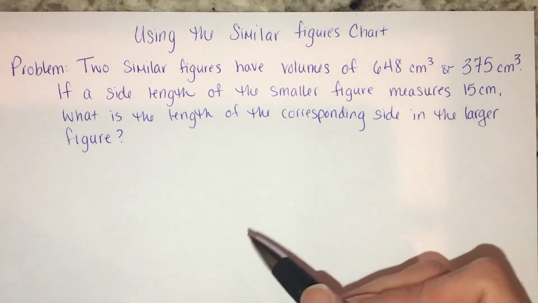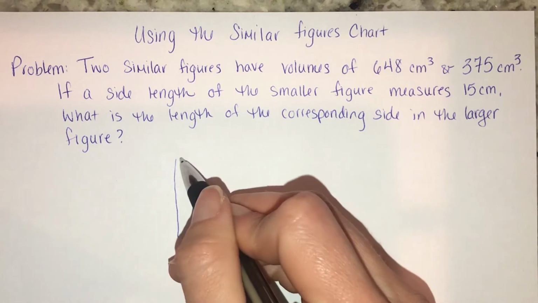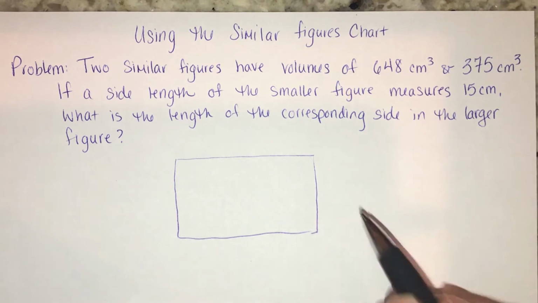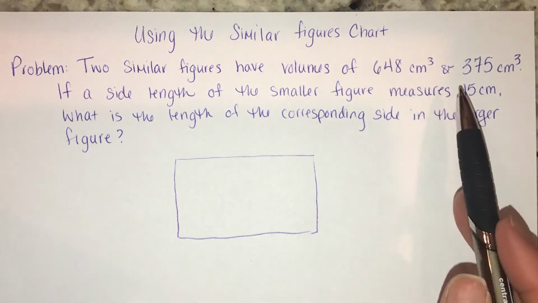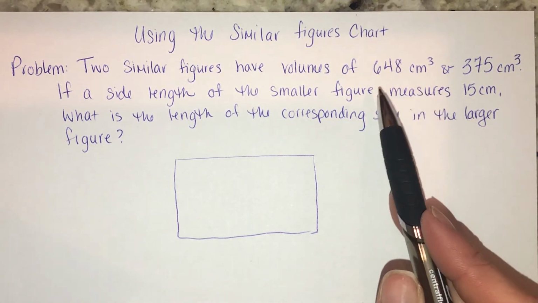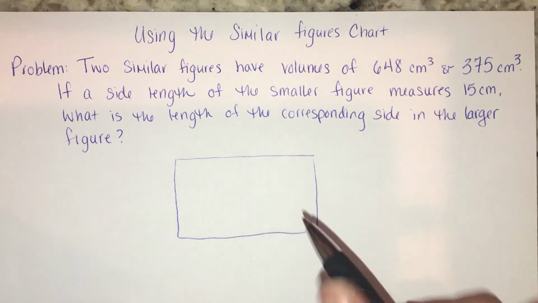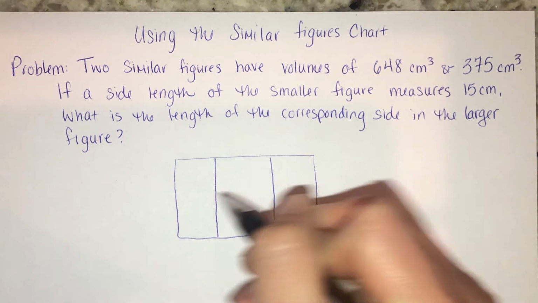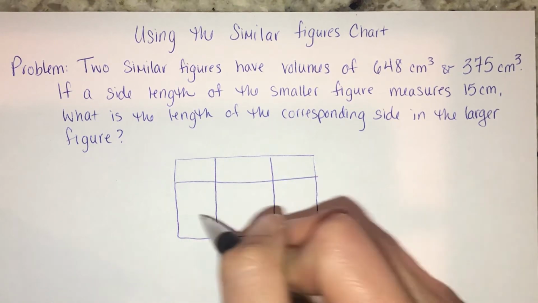So the first thing that I would do is set up my similar figures chart. If your shapes are 3D, you'll have 3 columns. I always set it up with 3 columns, and if you end up with a 2-dimensional figure, you don't have to fill in the last one.